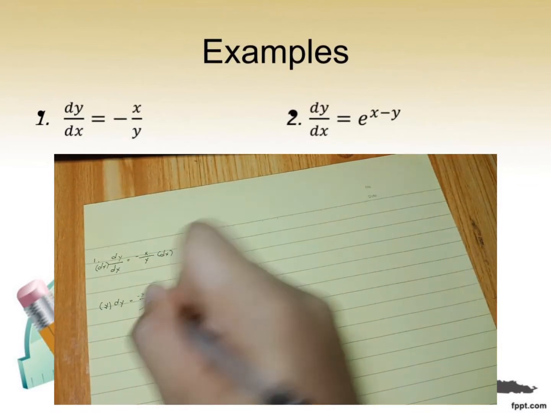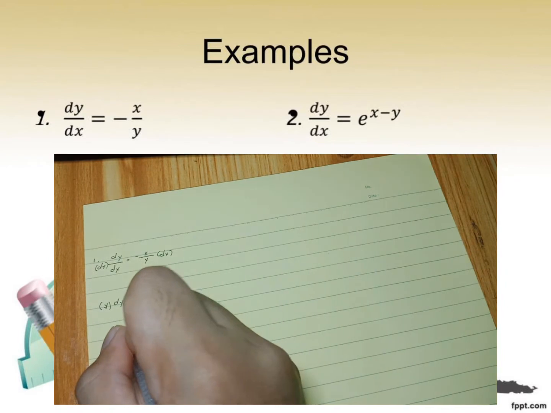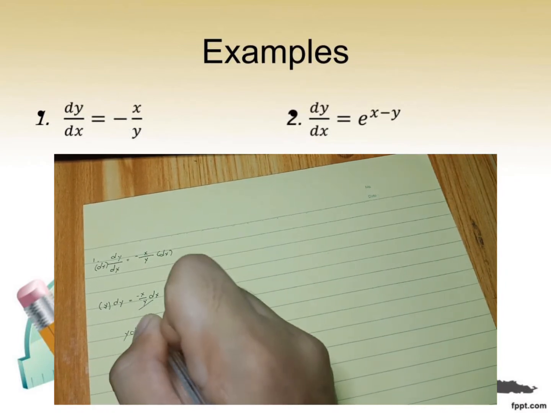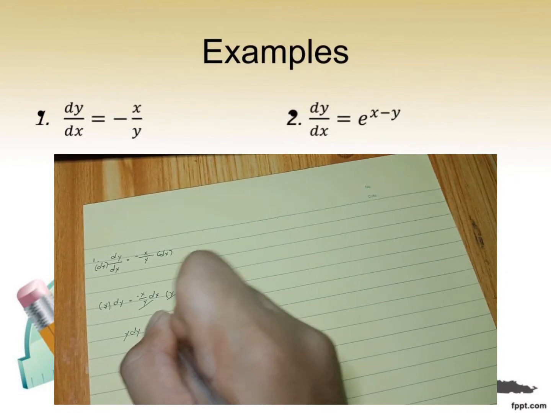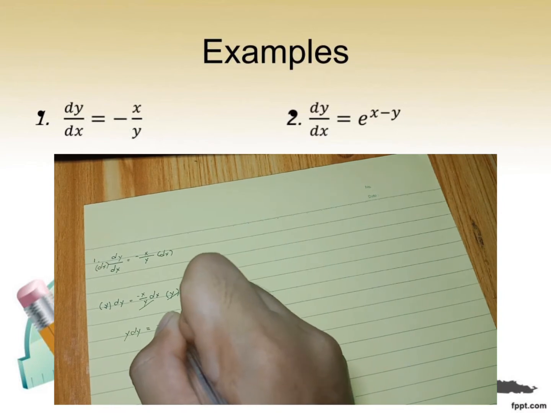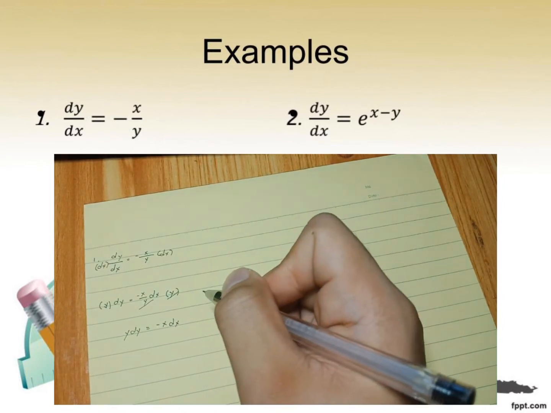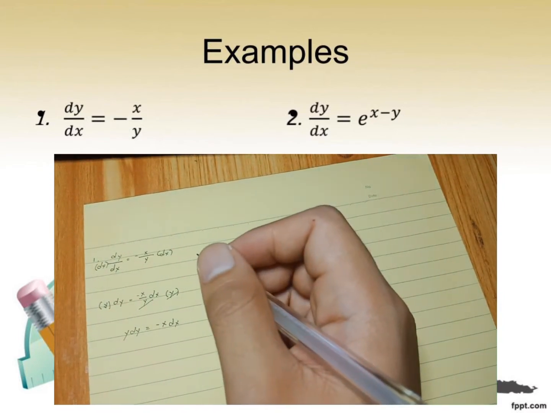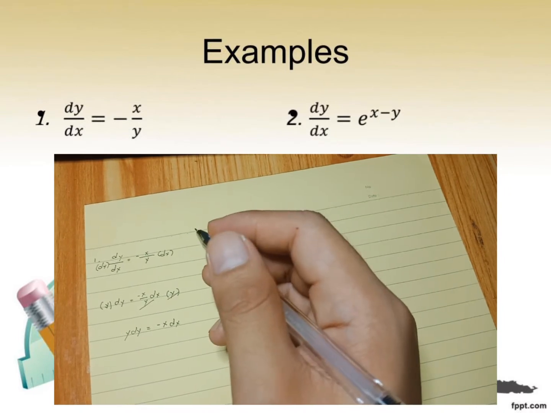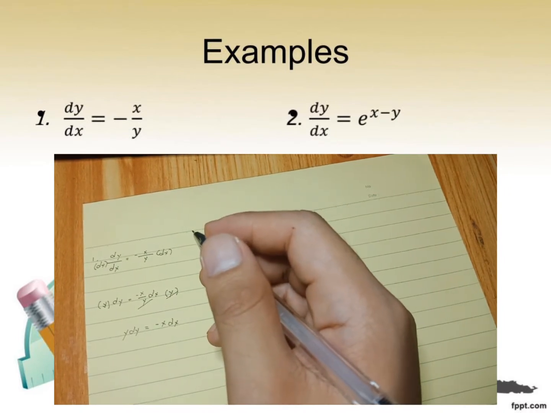Cancel y. That will give us y dy equals negative x dx. And we have successfully separated the variables.